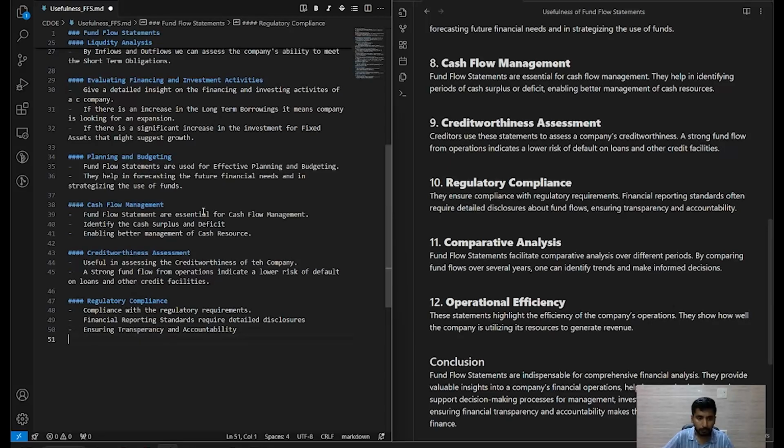Okay. Another use is comparative analysis. Fund flow statements facilitate comparative analysis over different periods.